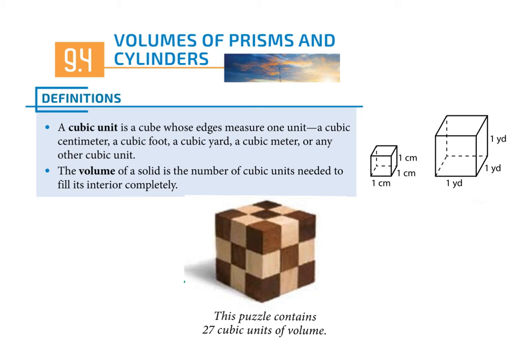That's what you mean by a cubic unit. If it were feet, 1 foot by 1 foot by 1 foot, how many of those cubic feet can you fit inside this room? That's what volume is, okay? The volume of a solid is the number of cubic units you can fill it with entirely and completely. So you're filling the interior completely with these cubic units.